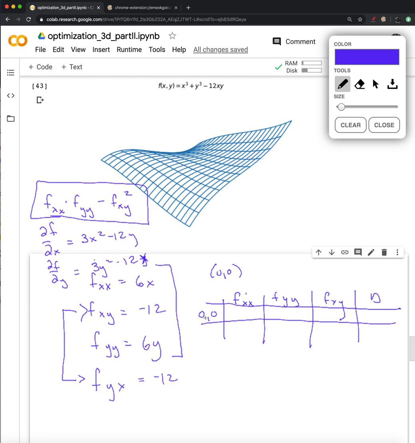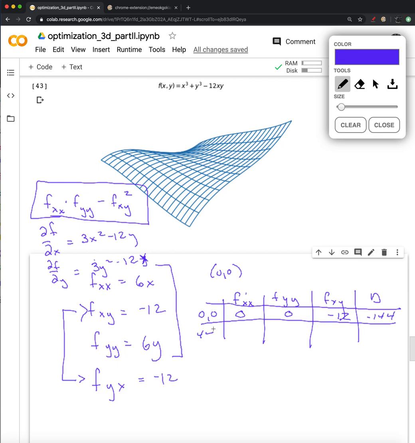So fxx, if we plug 0, 0 in, is 0. fyy is 0. fxy is negative 12. So if we substitute those values into our expression, we get 0 times 0 minus negative 12 squared, which is negative 144.